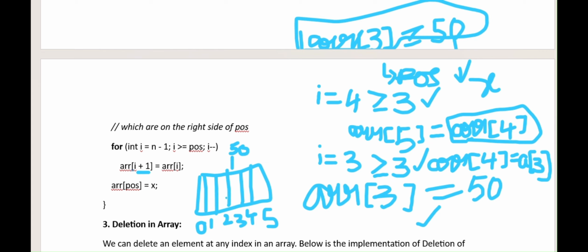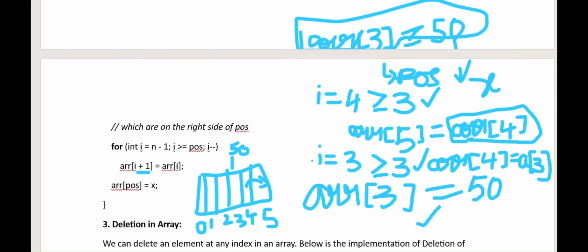What happens here is we are shifting the elements to the right side of the position. Position here means 3, so we shift the elements to the right of 3. Here in array of 5, the fourth value, array of 4, will be stored.